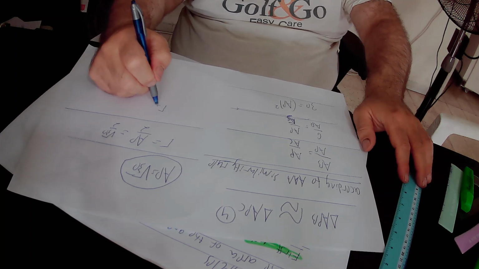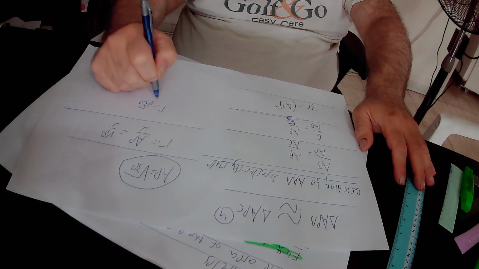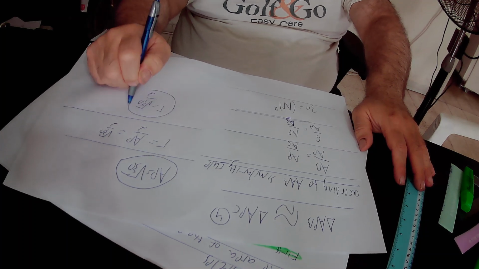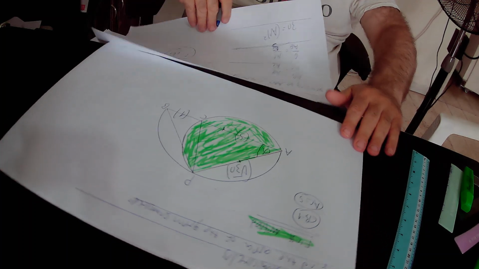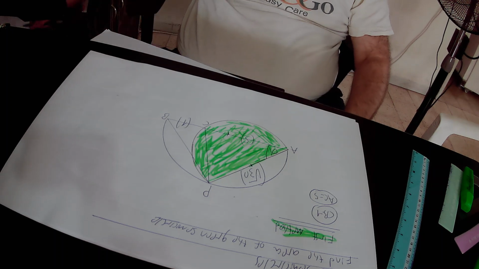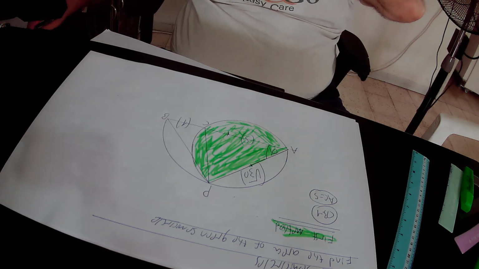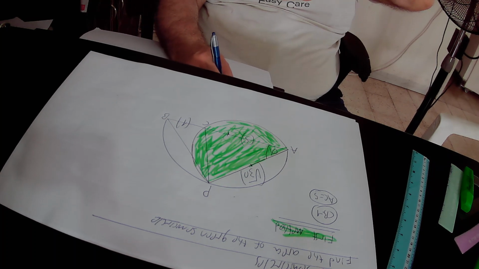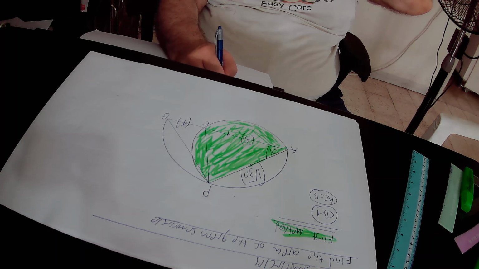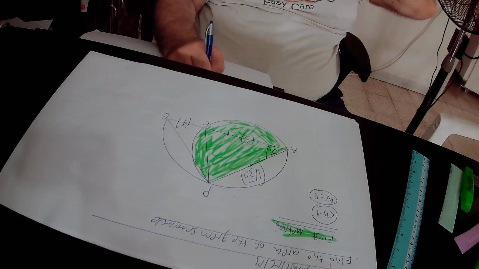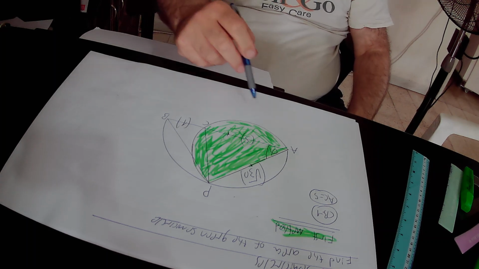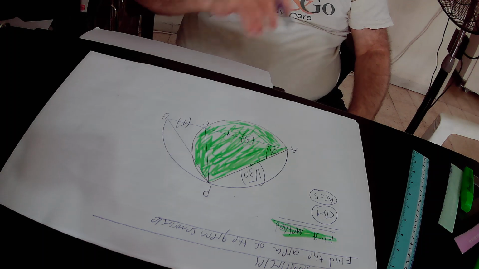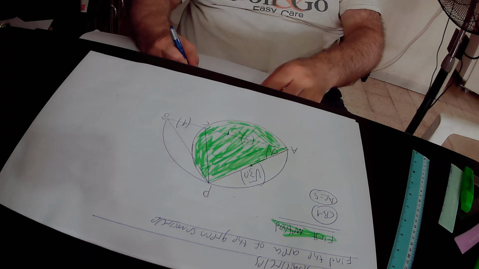Again, the radius R equals the square root of 30 over 2. Our mission is to find the area of this green semicircle. So the area of the green semicircle equals the area of the circle, that is pi r squared, over 2. So I write it down.